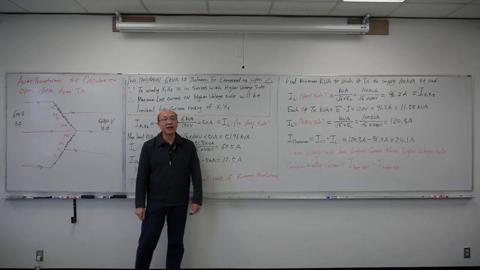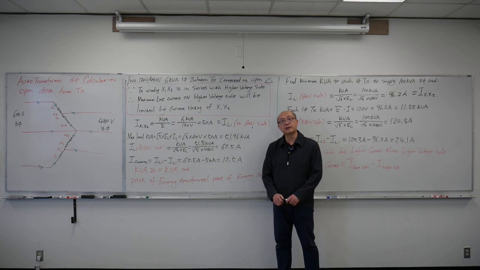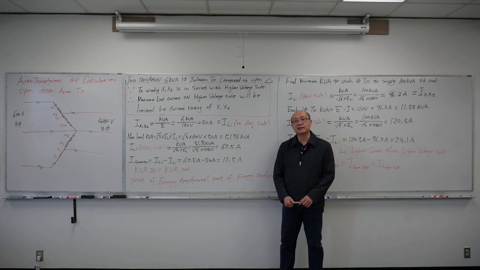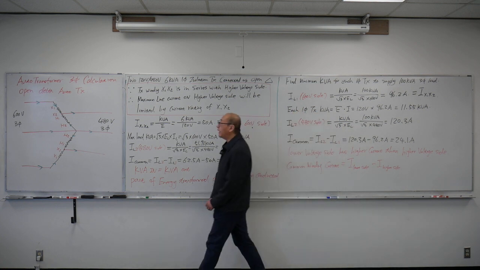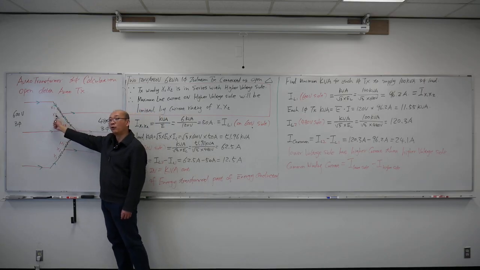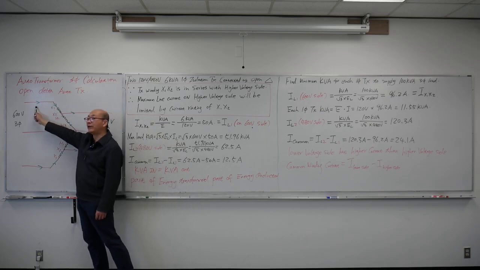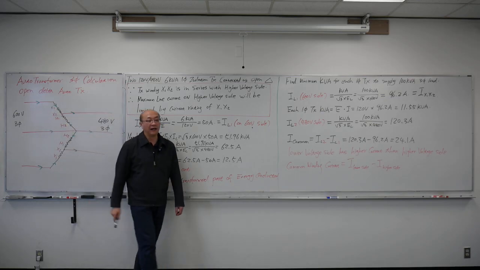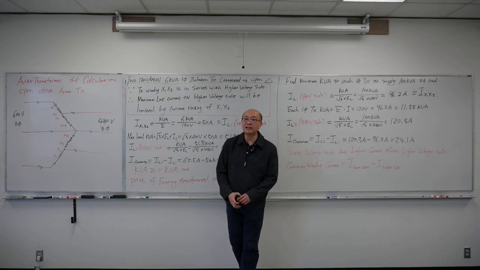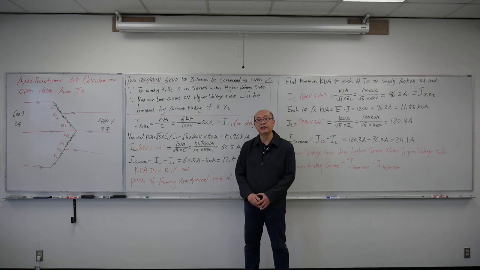But for the calculation of this open delta transformer, it doesn't matter which side is the load and which side is the supply, because all I care about is how much current is going to go through this portion of the winding. This portion of the winding is always in series with my high voltage side. So as long as I can find out that current, the calculation becomes much easier. If you have any questions, connect with us online or send us emails.